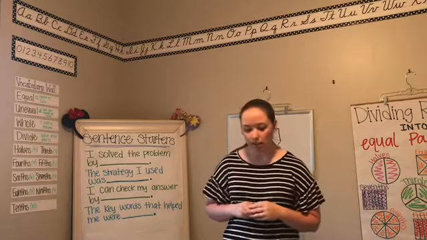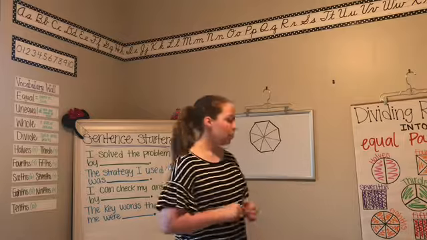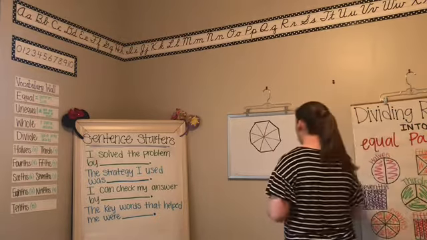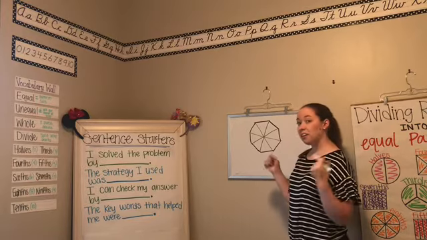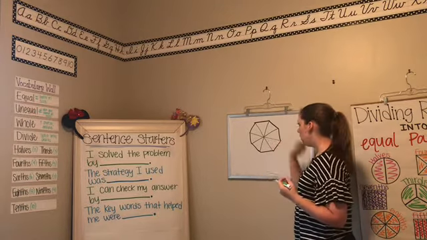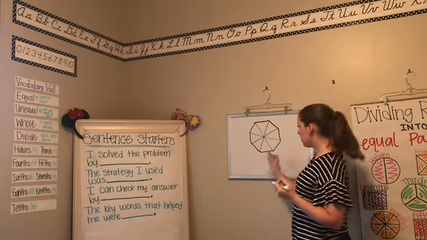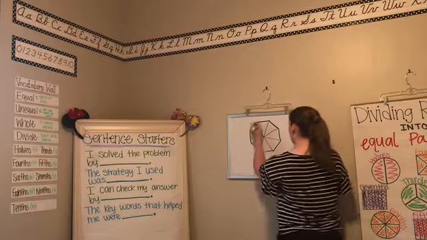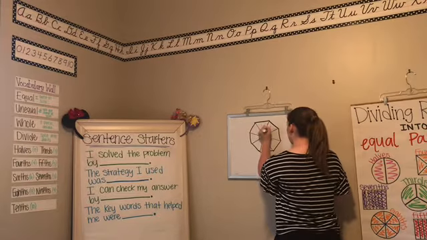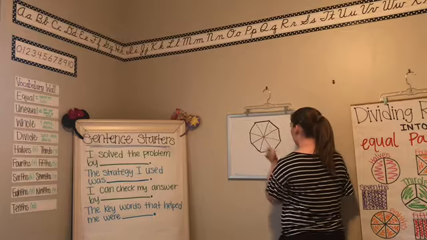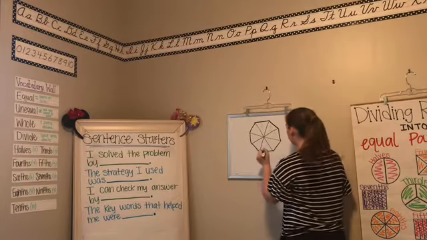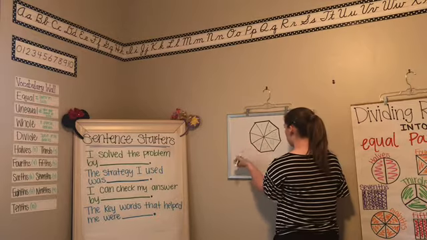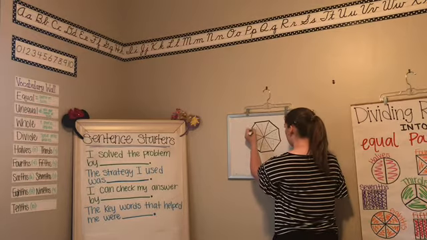So now it's telling us to name the equal parts of the whole. So what I'm going to do, I'm just going to grab a different color so that way it's easier for me to see. And I'm going to label by numbering all of the equal parts, because we can see that they all are equal in size. So I have 1, 2, 3, feel free to count along if you want, 4, 5, 6, 7, and 8.